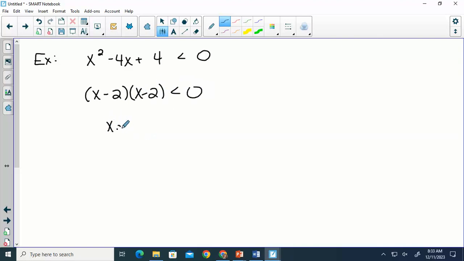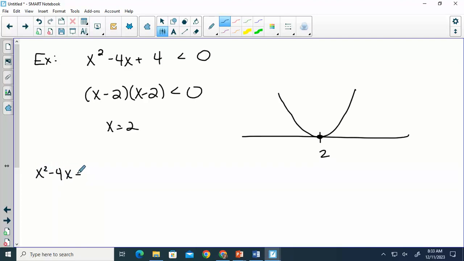So we get x equals 2 is our only point where it equals 0. Right? This parabola opens up. So if I want to know when this was less than 0, where was it below the axis? Never. So no solution.